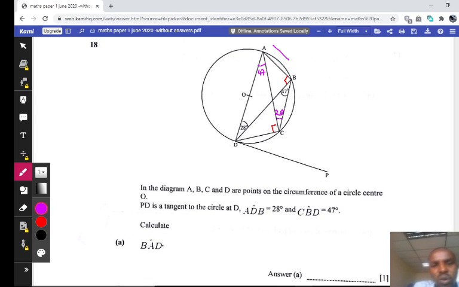This angle is equal to 47 degrees. The reason being, the exterior angle of a triangle is equal to the opposite interior angle if there is a tangent like this one. So the exterior angle of a triangle 47 is equal to the opposite interior angle, which is 47 here.